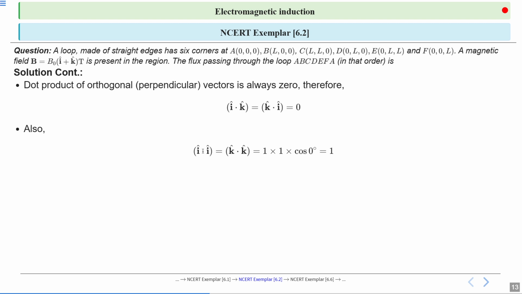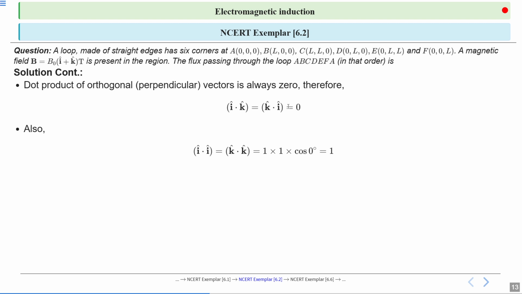So the magnitude of both these unit vectors will be 1. That's why they are called unit vectors. And the angle between them: both are along the x-axis, so the angle between them is 0 degrees. So cos 0 degrees is also 1. If two same unit vectors are in a dot product, the result will be 1.